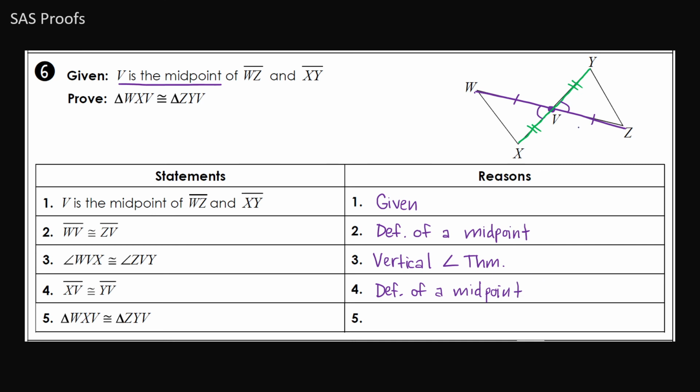So if you look at these triangles now, I now see two pairs of congruent sides, and the included angle is congruent. So I can now prove that triangle WXV is congruent to ZYV using the side angle side congruence theorem.